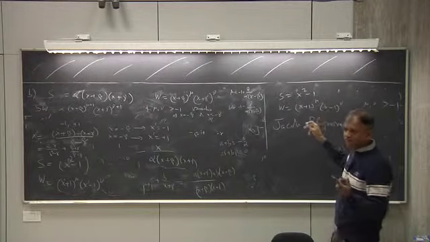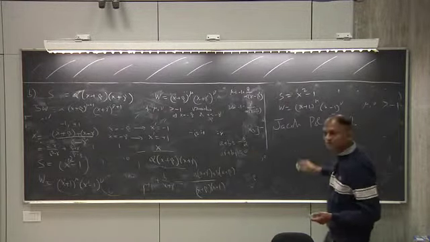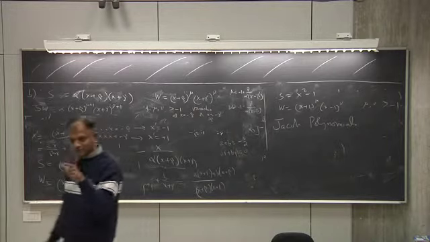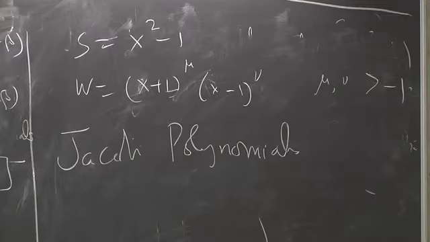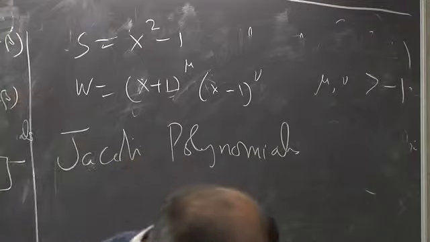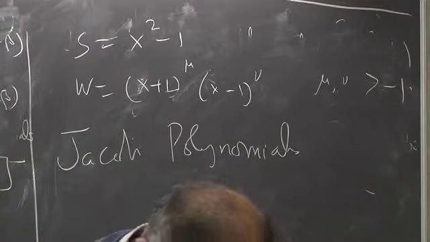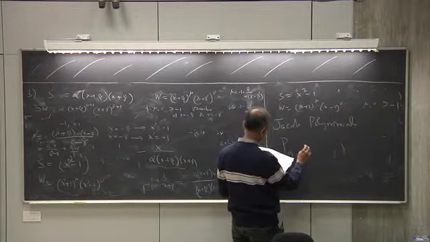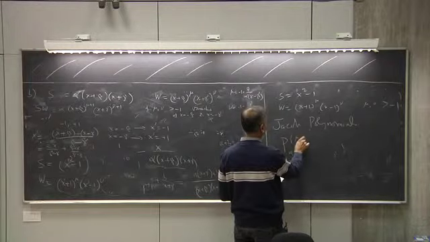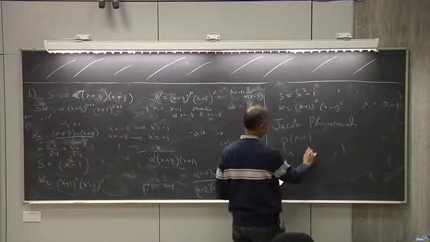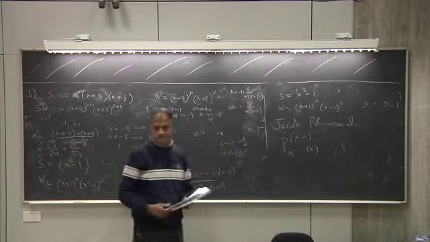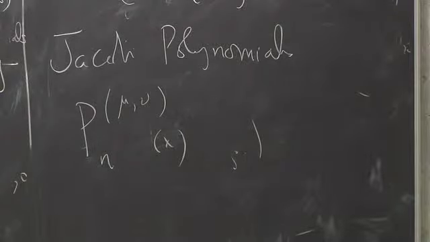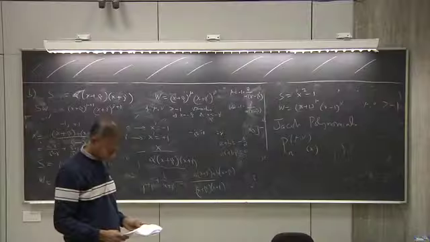For Legendre there was only one parameter. Now there are two. These are denoted by P, with n, mu, nu, and x. These are the Jacobi polynomials. So there is a two parameter family of polynomials.